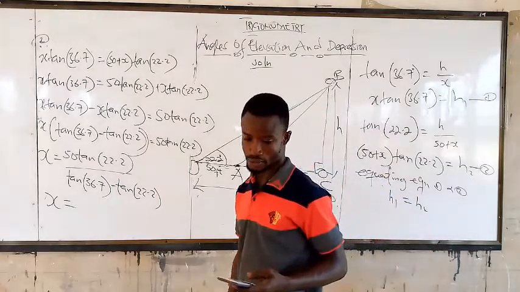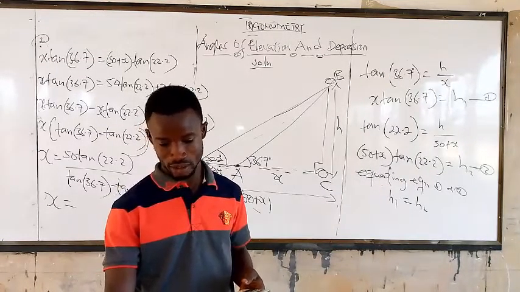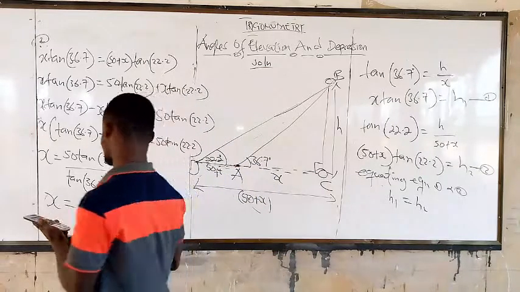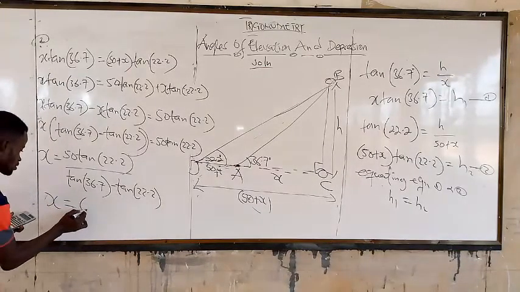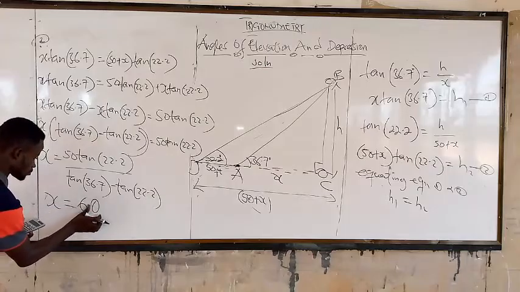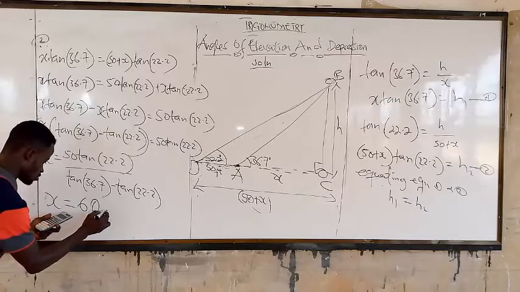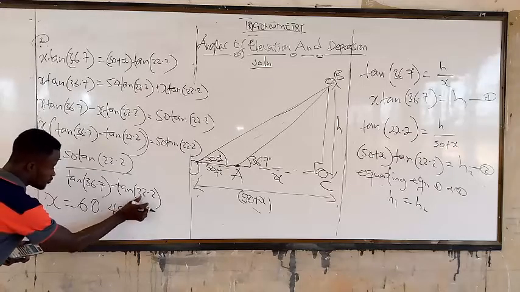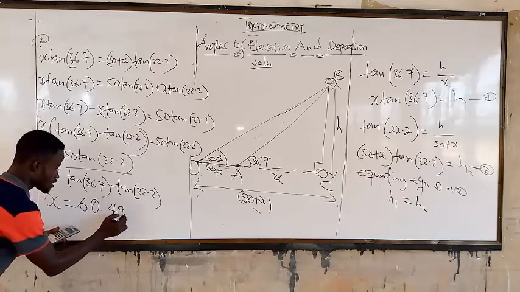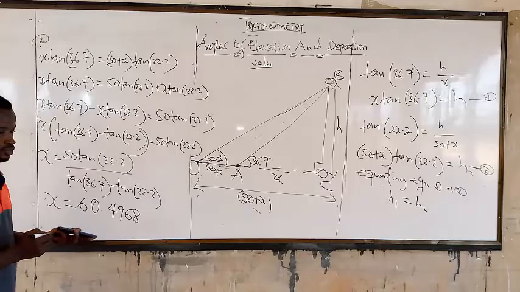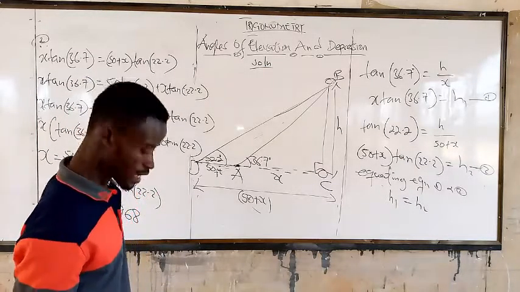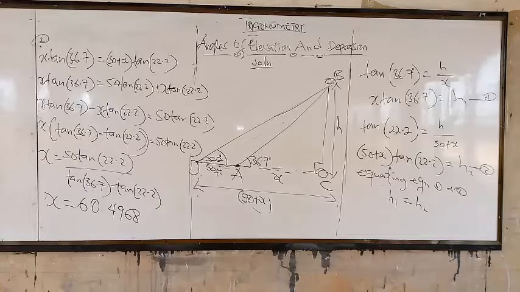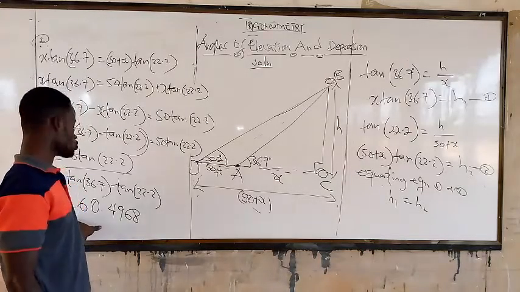Oh wow, and that is going to give us 60.4968 in 4 decimal places. So we have S to be this.